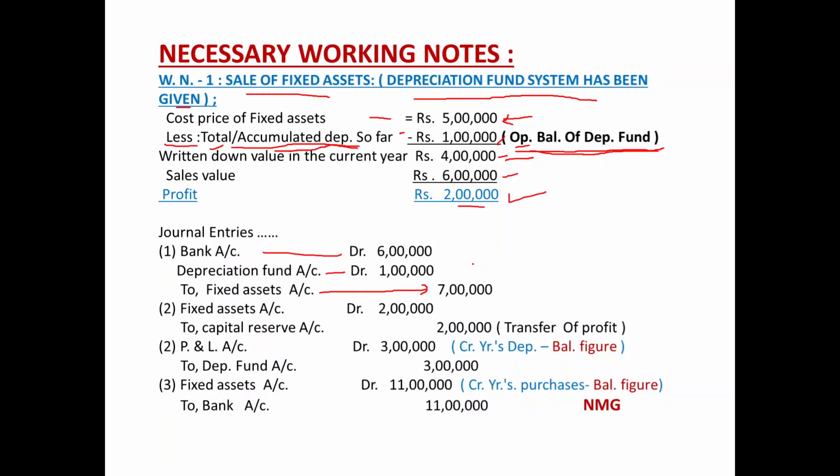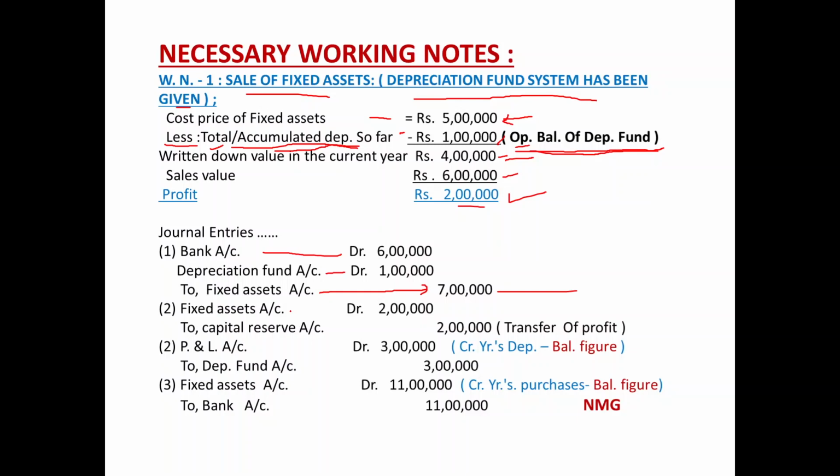But we credited ₹7 lakh including profit of ₹2 lakh. Otherwise, its original cost ₹5 lakh ought to be credited over here, but we credited ₹7 lakh including a profit of ₹2 lakh. And that is why a second journal entry is required for the transfer of profit.